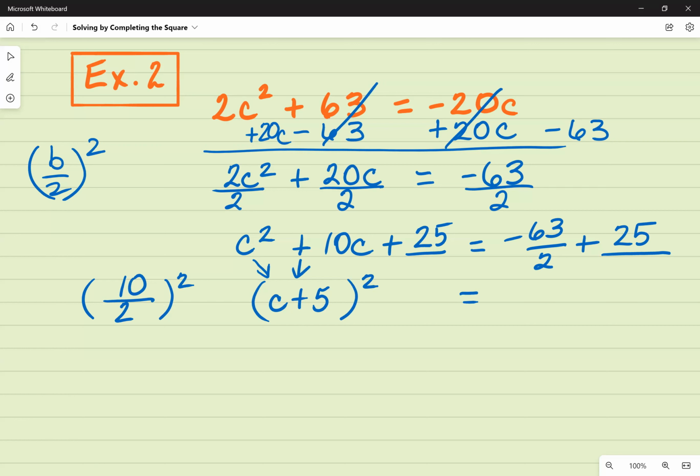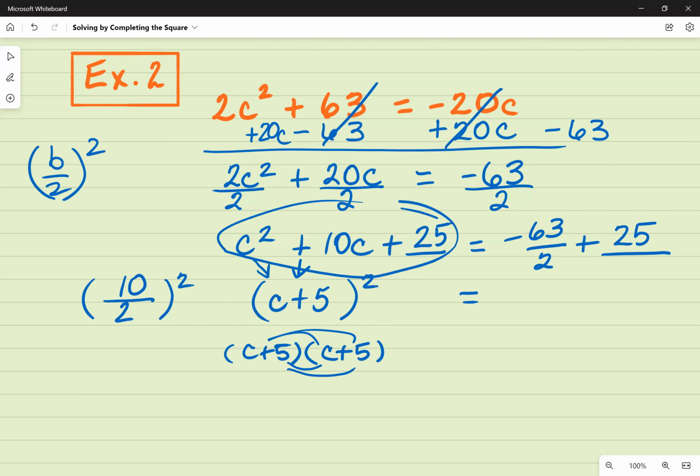And just by the way, so that you know what's happening, this is binomial squared, which basically just means c plus 5, in this case, times the quantity of another c plus 5. And if I were to multiply it back out, I'm going to end up right back where I started here.